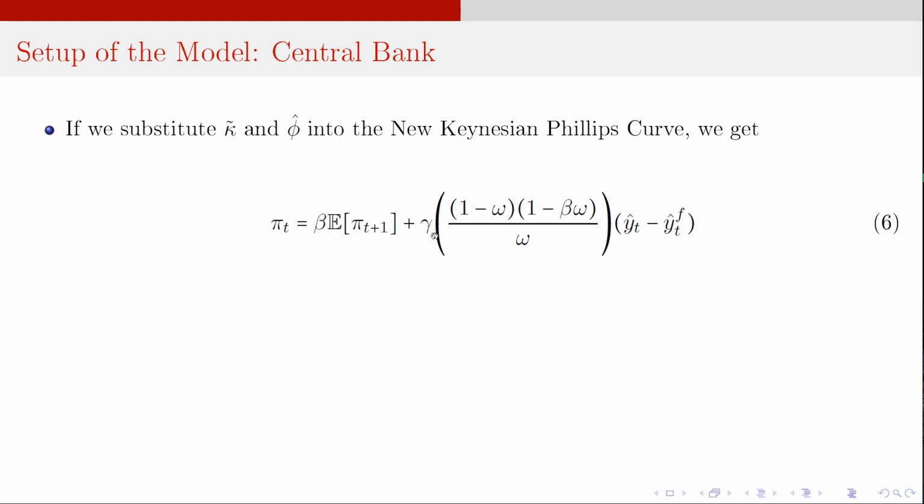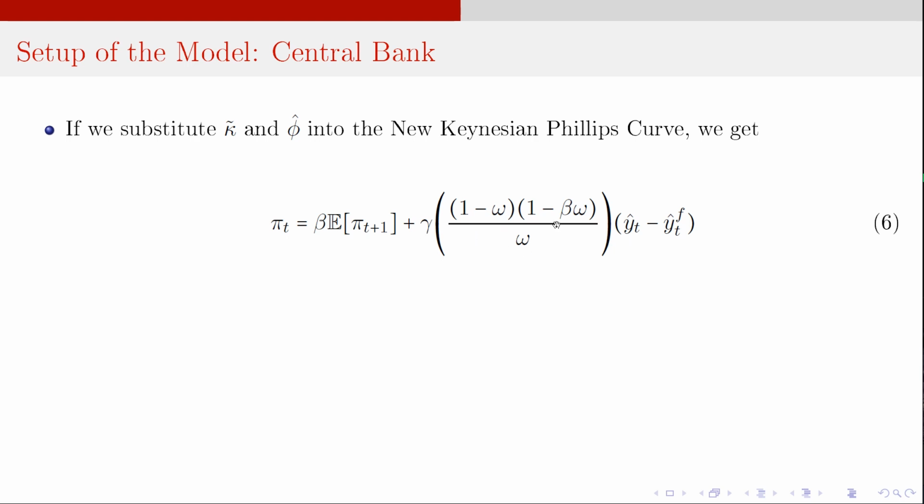Now, this is the actual slope of the New Keynesian Phillips curve. Inflation is equal to this stuff. This is expected inflation, or what we expect inflation to be tomorrow, hence rational expectations, plus gamma times the sticky price mechanism that we see, times YT hat, which is the actual output.